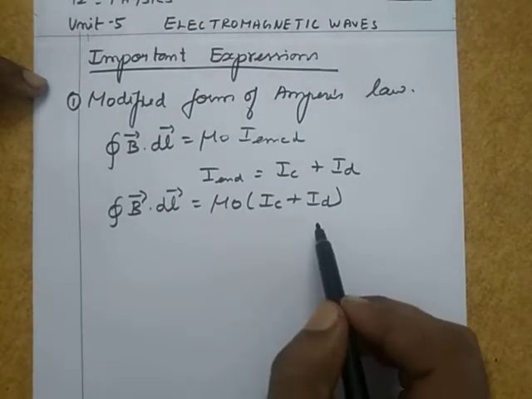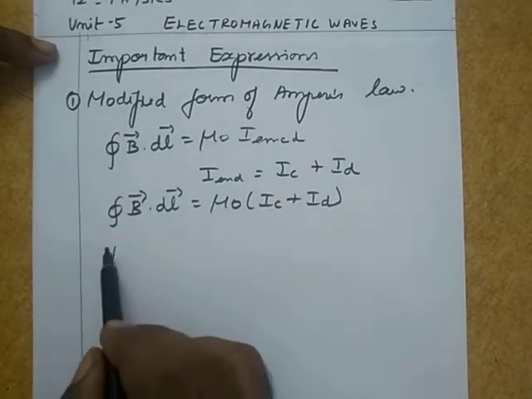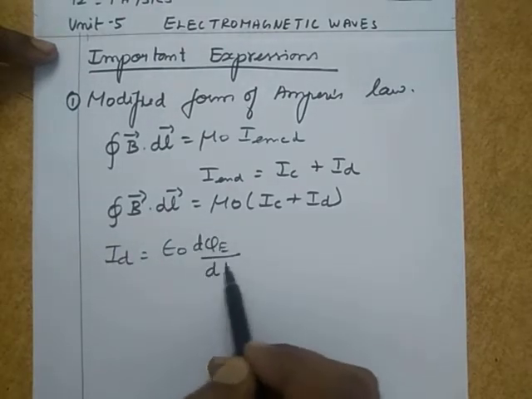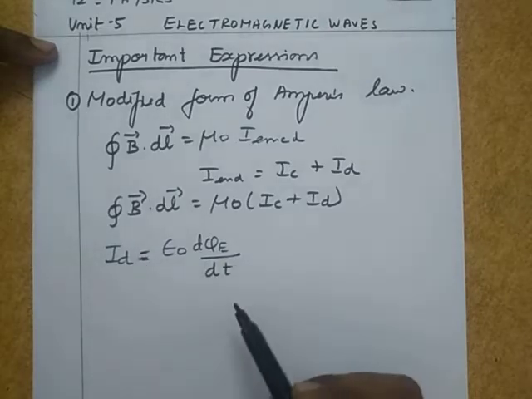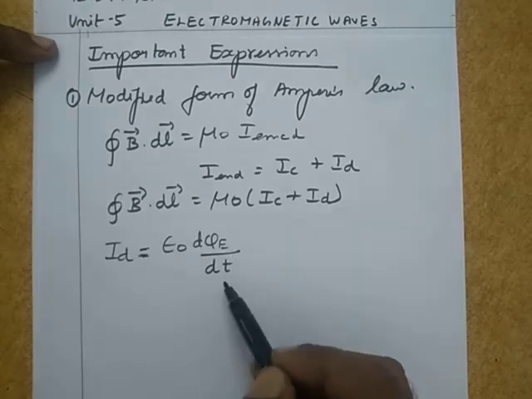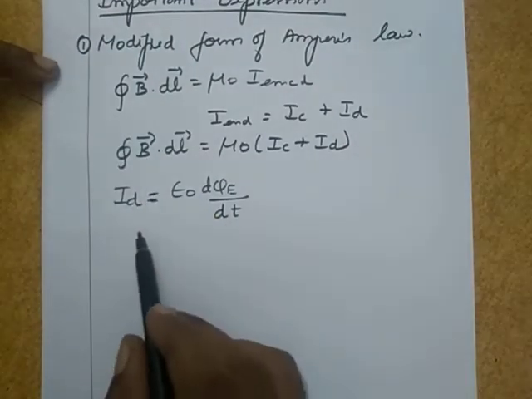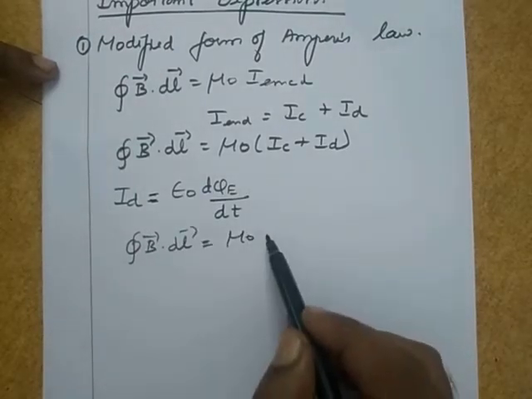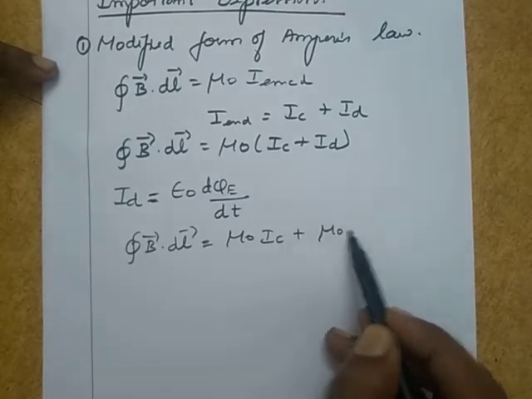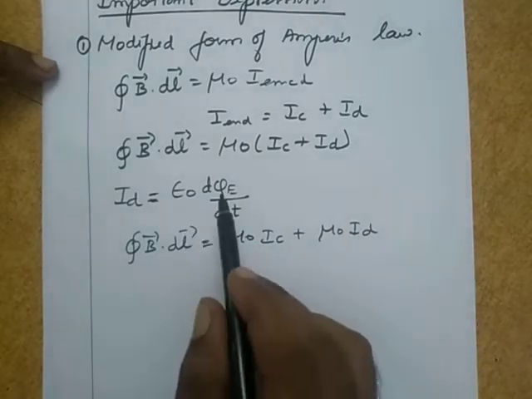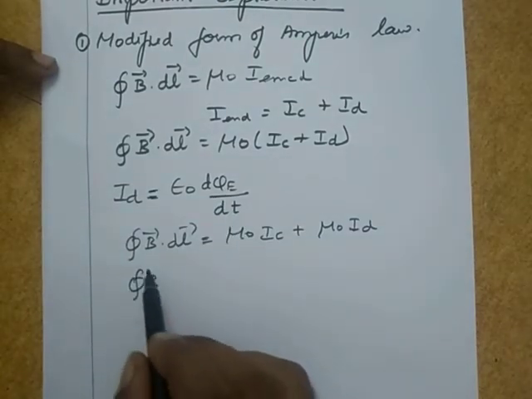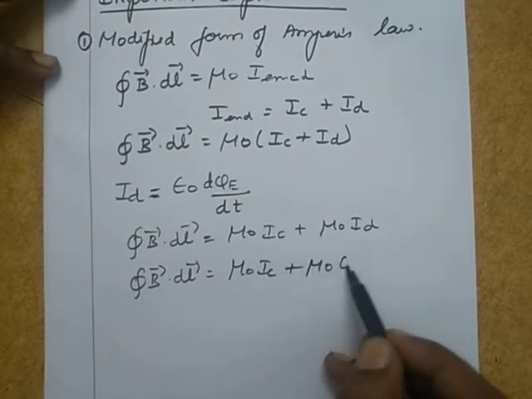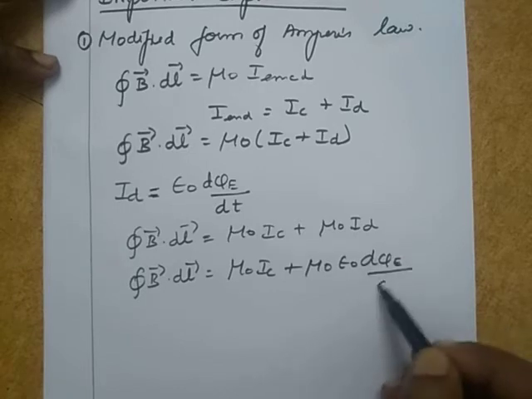We know ID is the displacement current, ID equals epsilon naught d phi by dt, because displacement current comes into play in the region where the electric field or electric flux changes with time. Then the expression becomes the closed integral of B dot dl equals mu naught IC plus mu naught epsilon naught d phi by dt.